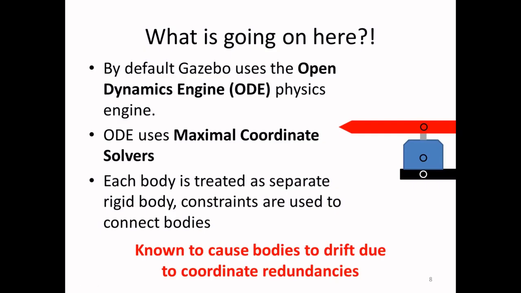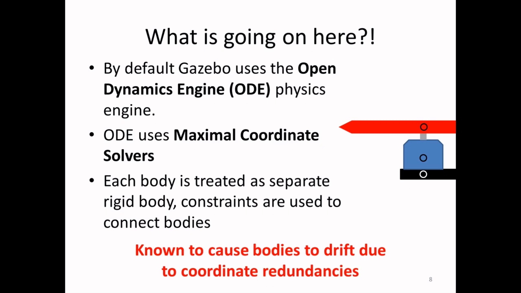Alright, so what is going on here? Why is there drifting? Well, if you're familiar with rigid body dynamics and simulating this is going to be nothing new to you, but I'm not an expert in this area, so this was definitely a surprise to me. And if you're just using Gazebo by default, then this might be something new to you as well. Well, by default, when you just install Gazebo, it uses the Open Dynamics engine as the default physics engine.